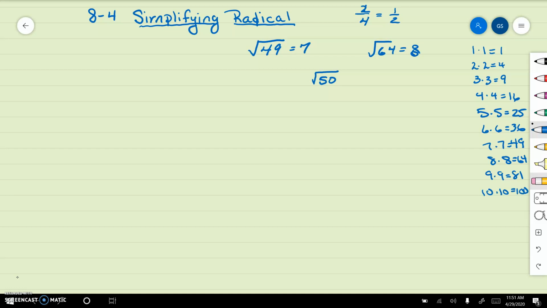We're going to stop there for today anyway. Do you see how there's pairs of 1s to make a 1, pairs of 2s to make 4? We are going to be looking for pairs of numbers today.